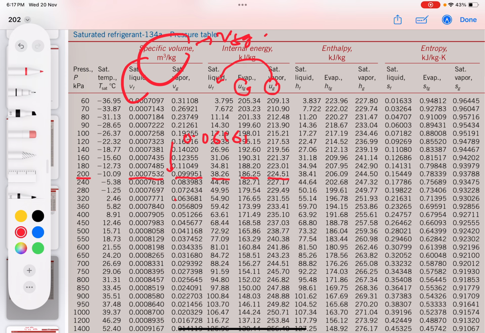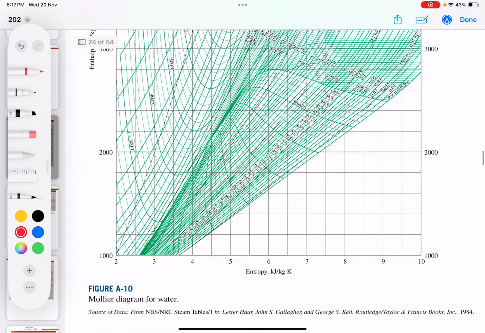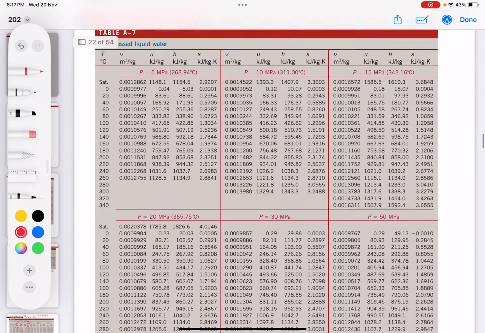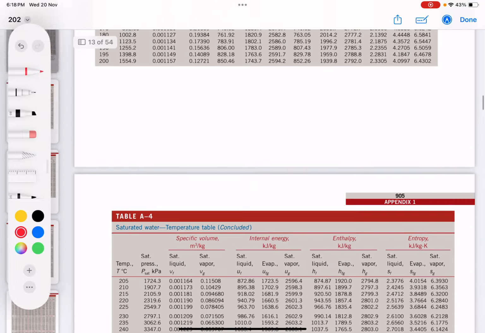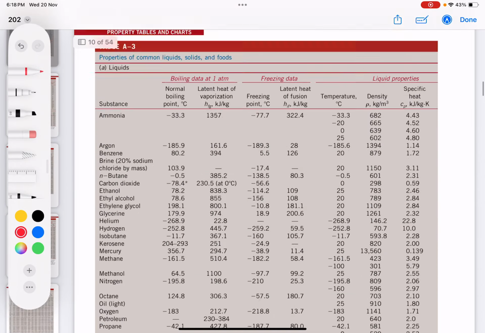To get it, UG minus UF. So now I'll be able to calculate U for state number 2.